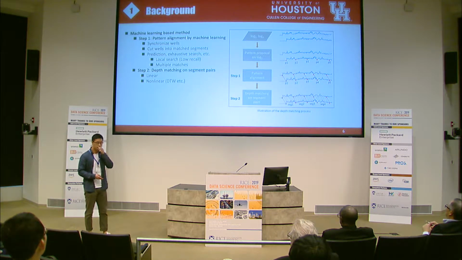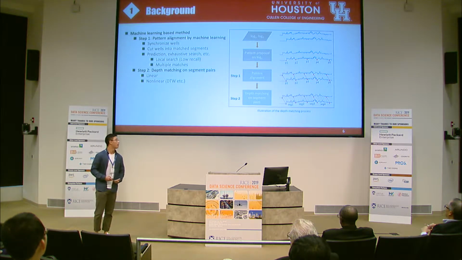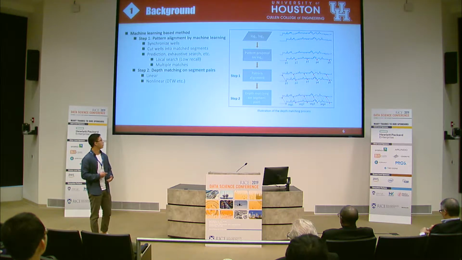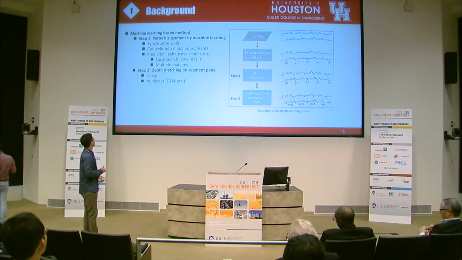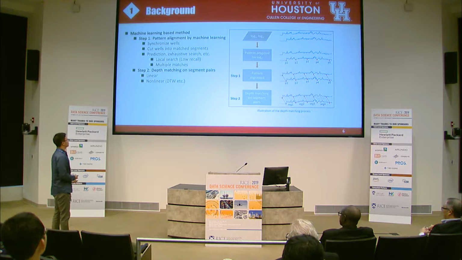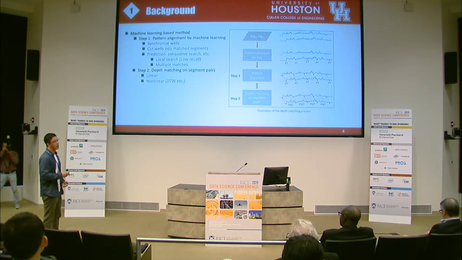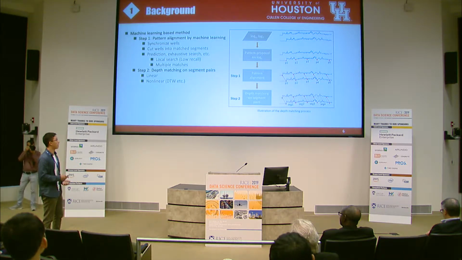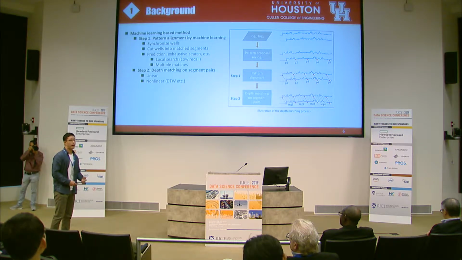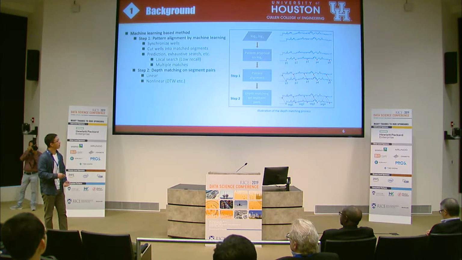Usually, to do depth matching by machine learning, we can split it into two steps. The first step is that we can propose some labeled or unlabeled patterns on one of the gamma ray logs, and then we align them on the other logs.